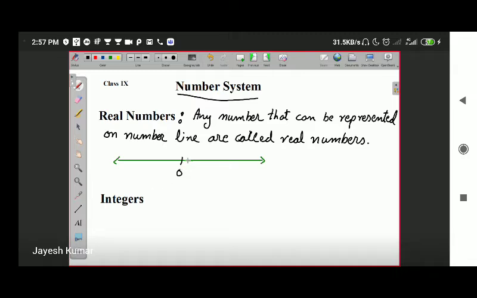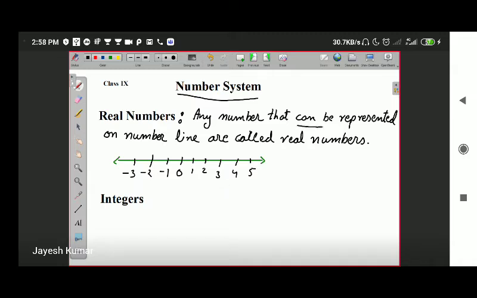On the right hand side of 0, we write 1, 2, 3, all the positive integers. On the left hand side, we write all the negative numbers only. So this is a number line, all the numbers that can be represented on the number line.